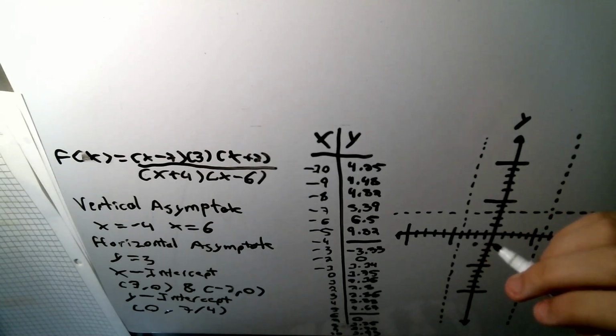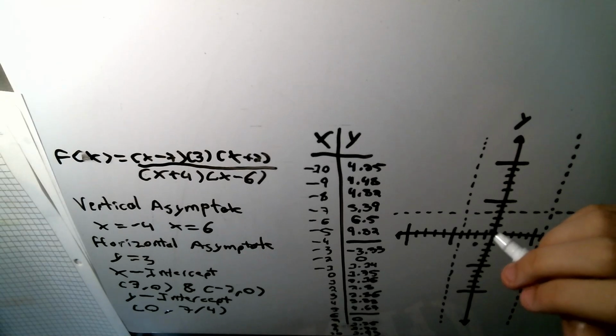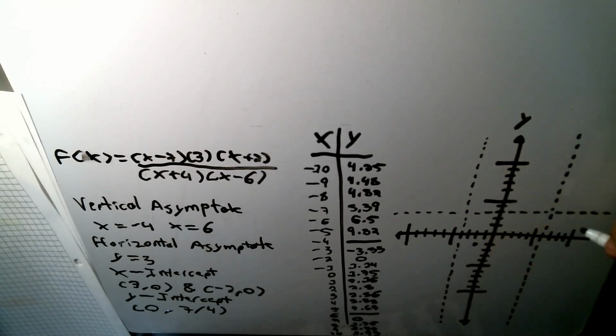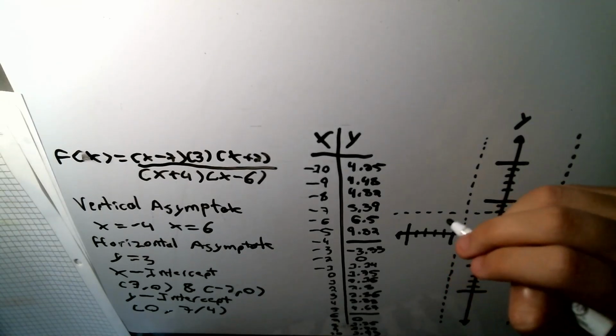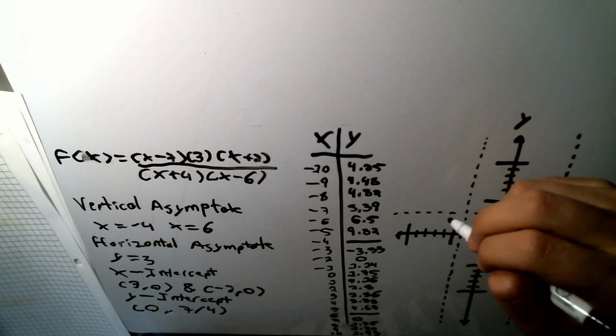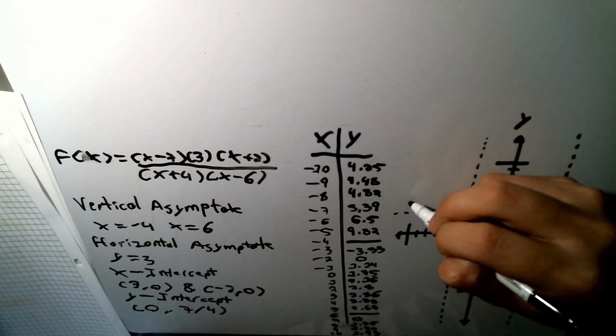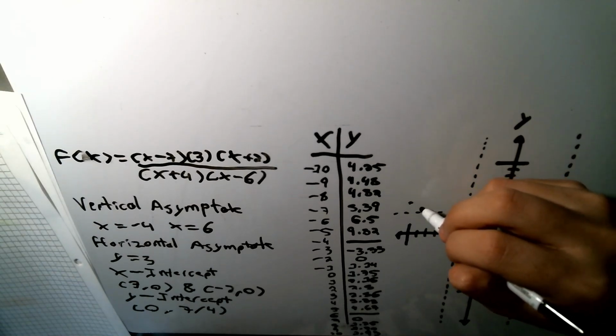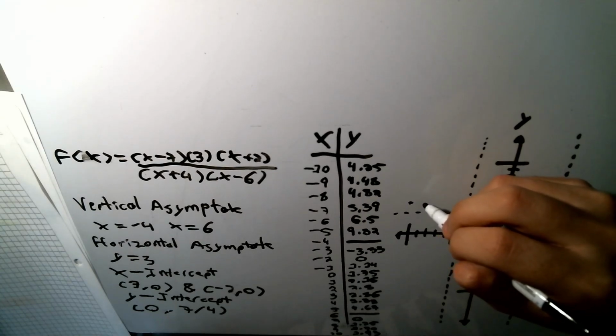Okay. Wow. My minus 10 is 4.25, minus 9 is 4.40.